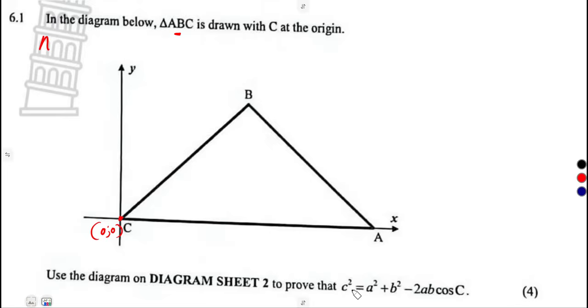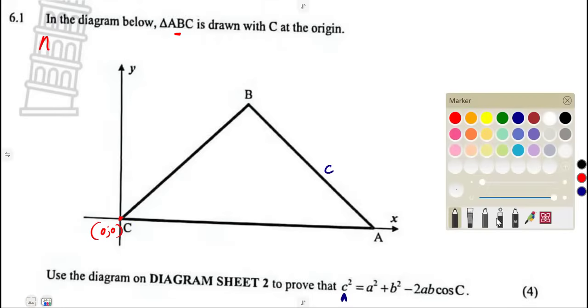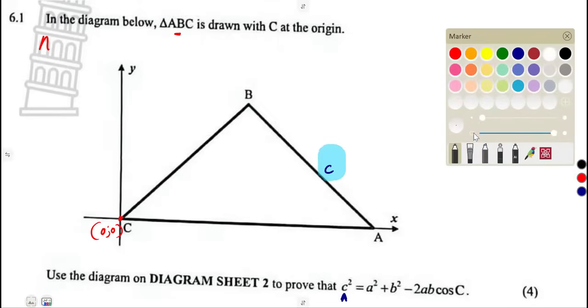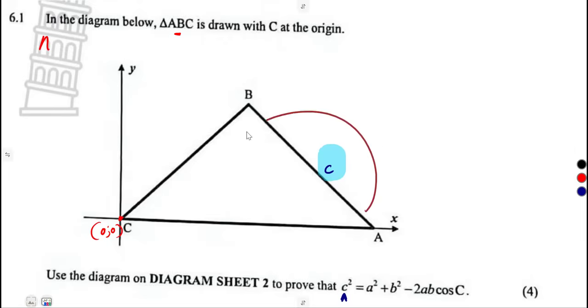As we want to prove for side C, opposite angle C, we are supposed to put our focus on the length of AB.